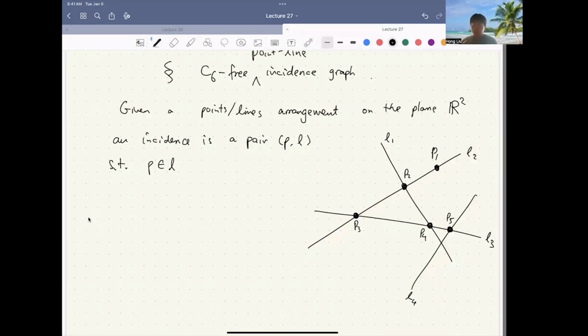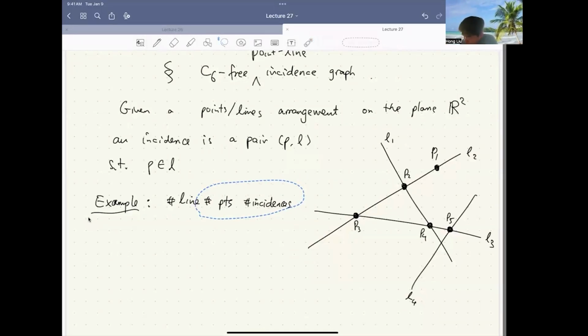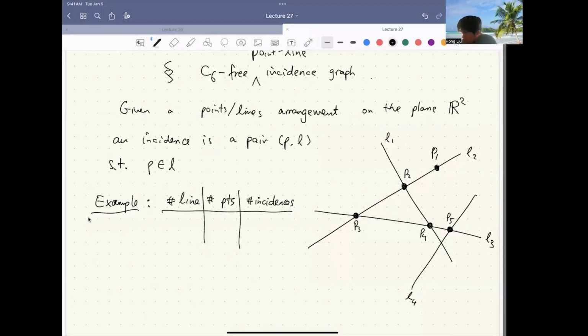Here we care about counting the number of incidences of a point-line arrangement. In the example, we have 4 lines and 5 points. What's the number of incidences? Let's count.